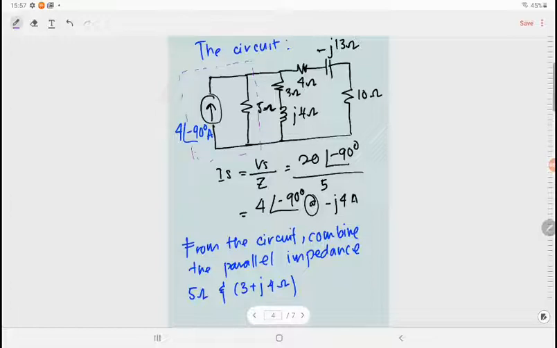The current source must be in parallel with the impedance, which in this case is 5 ohm. So the value of the impedance is not changing, but the value of the current is changing. The new value of the current can be calculated using this formula, which is Is equal to Vs divided by Z, right?